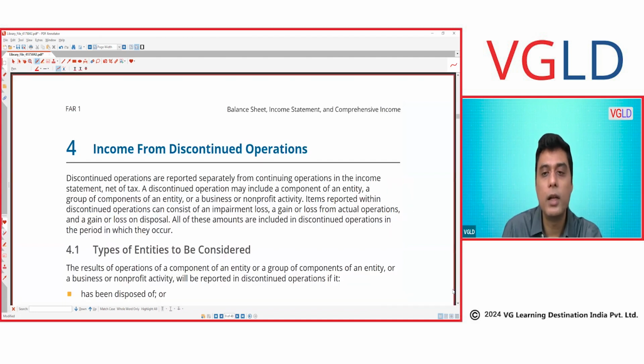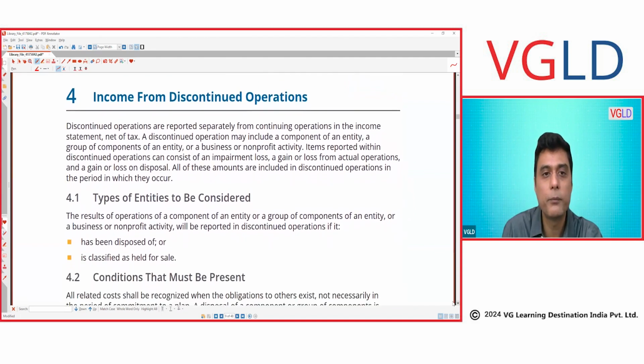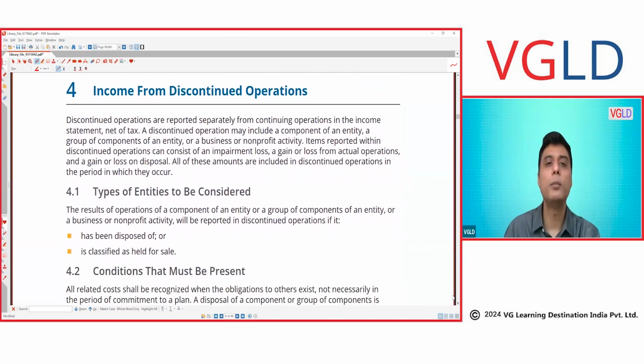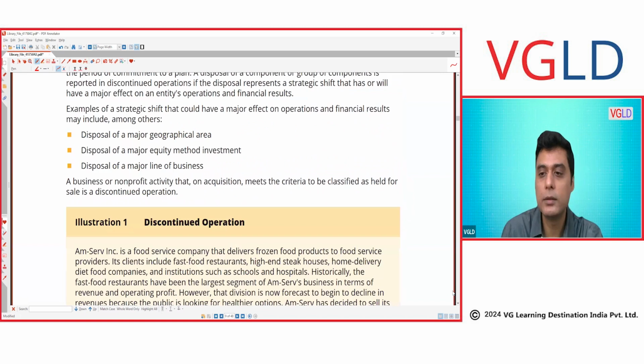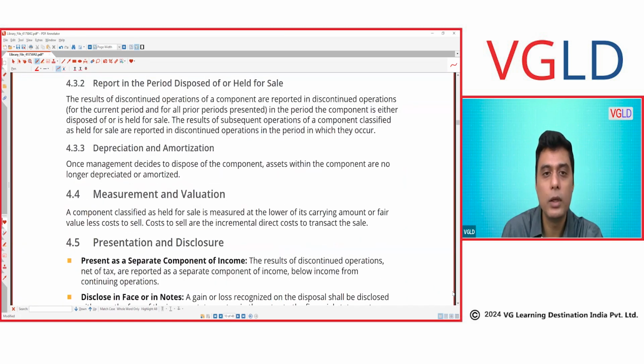All right. Now coming to income from discontinued operations. Let me first discuss before we go through the module.